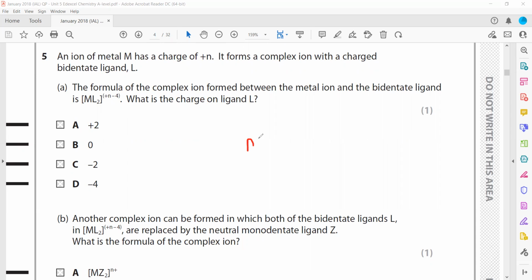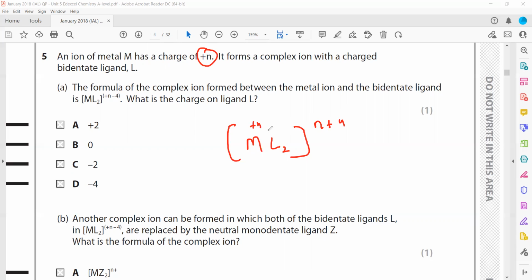Look, we have M and we have L2, and the overall net charge is N+4. They mention an ion of a metal M has a charge of +N. So the charge here is +N.